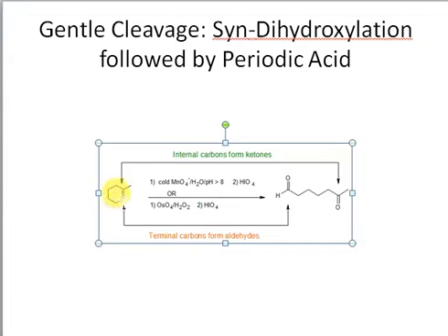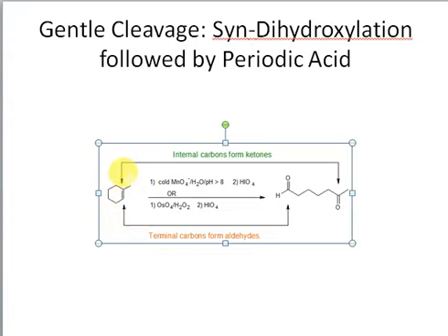While this carbon is exposed, it has a hydrogen on one side and a carbon on the other side, so this side is exposed. We say this carbon of the alkene is terminal. So in the case of alkenes, the carbon which is disubstituted is called the internal carbon, and the carbon which is less substituted is called the external or terminal carbon.